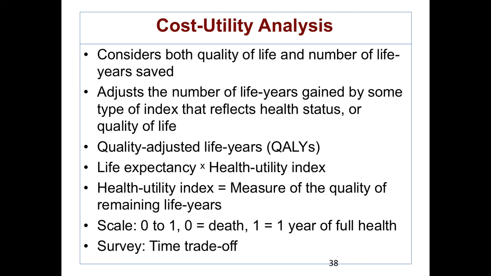Remember that this scale could be 0 to 1 or 0 to 10, it doesn't matter. The point here is that when the patient with back pain rates their health status as 0.2, that patient is really in pain and doesn't have a good quality of life. So if the patient is young, the surgeon says there is a surgery but there is a 50-50 chance of success or failure.